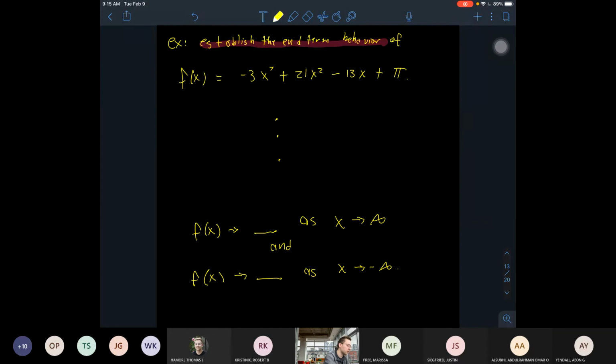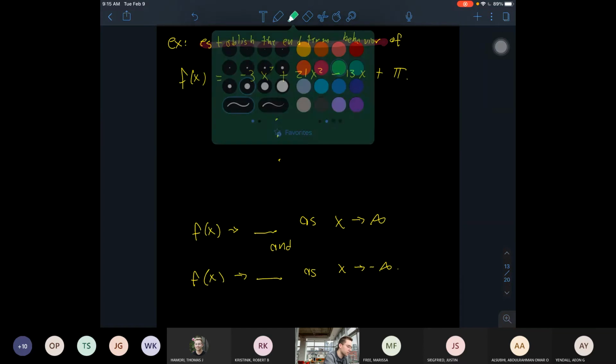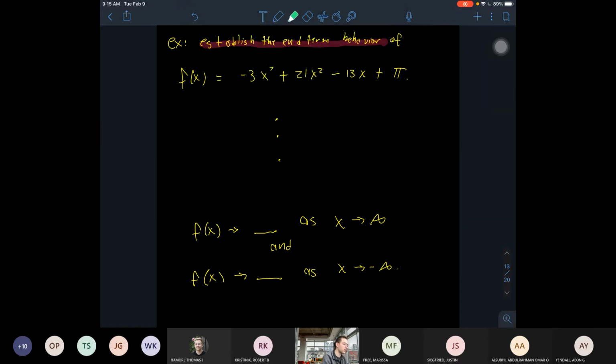Okay? And what the leading term test says is that the only thing that we need to worry about is the term with the largest power of x. So leading term test.